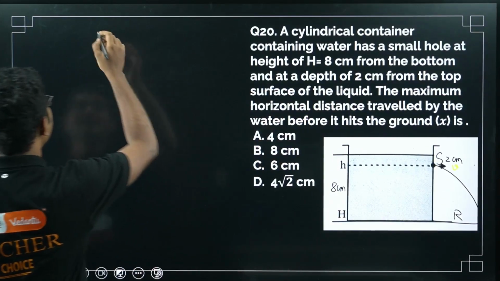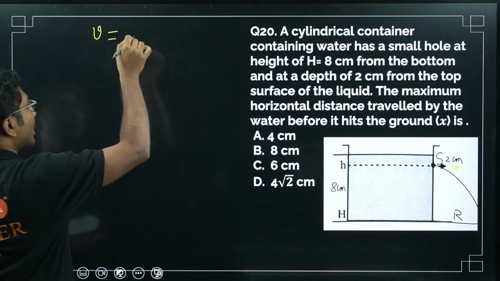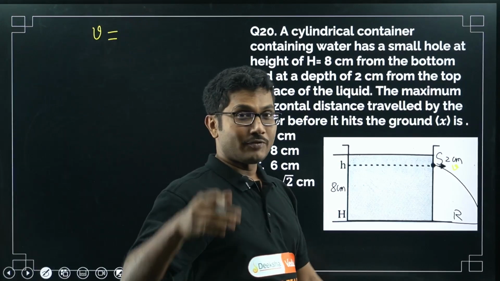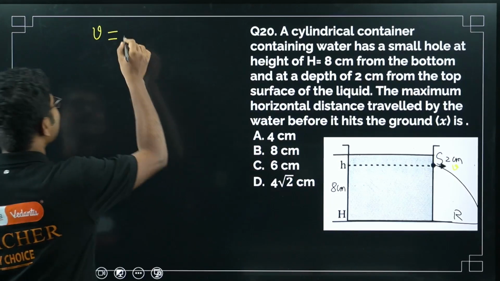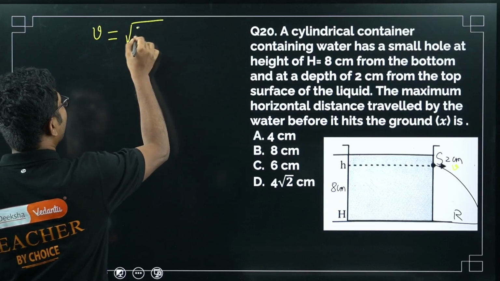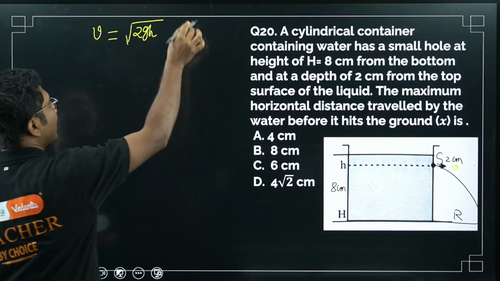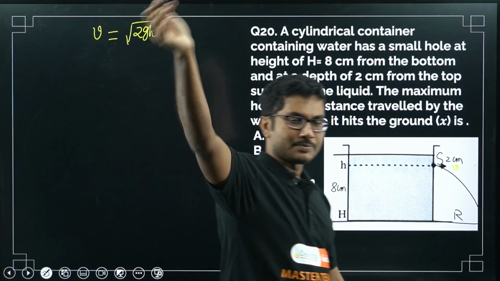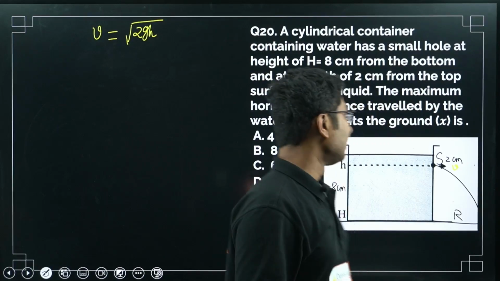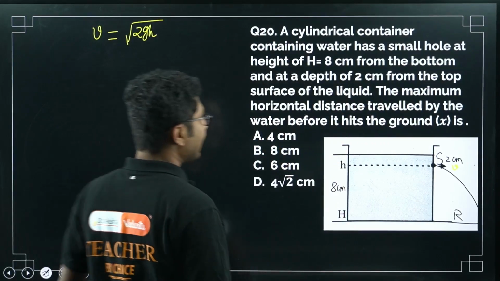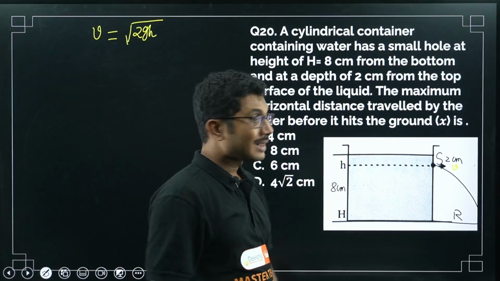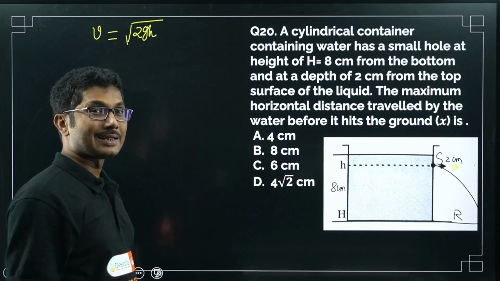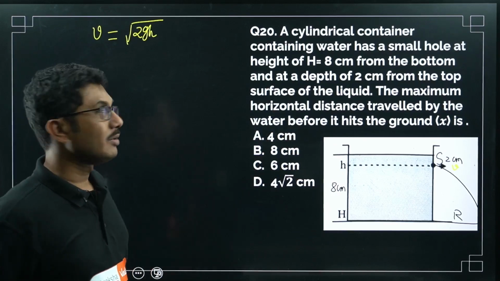We know the speed of outgoing water, we have just written the formula. It is basically the square root of 2gh plus P0 minus PA by rho, but in this case it is an open container, so P0 and PA are the same, so we do not need to consider P0 and PA.